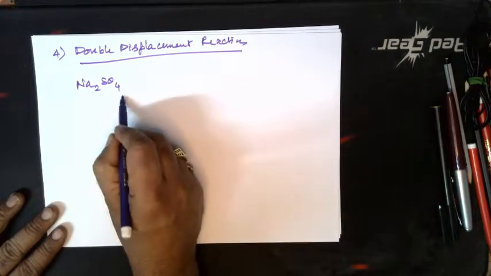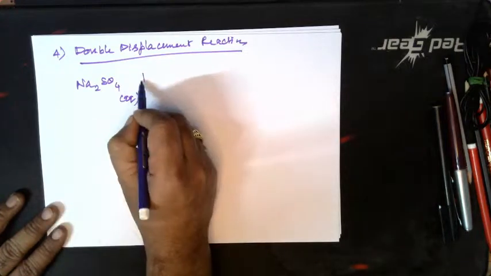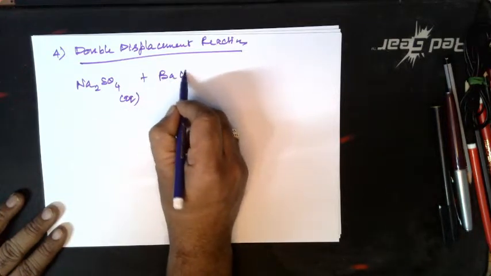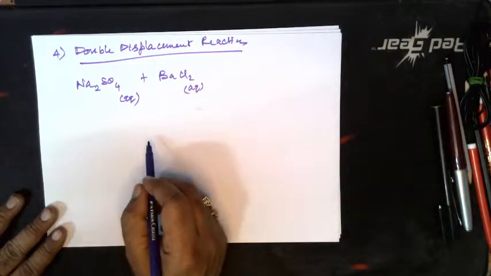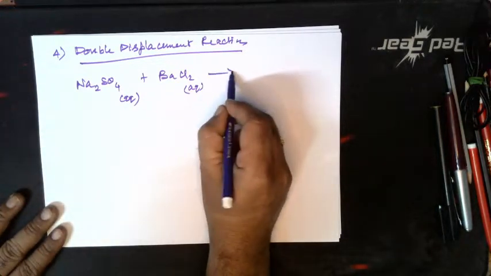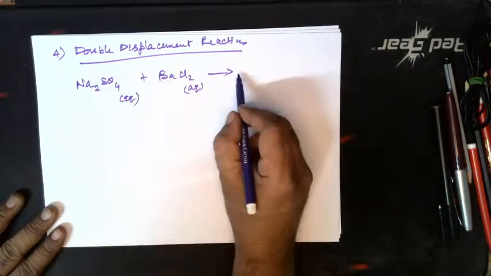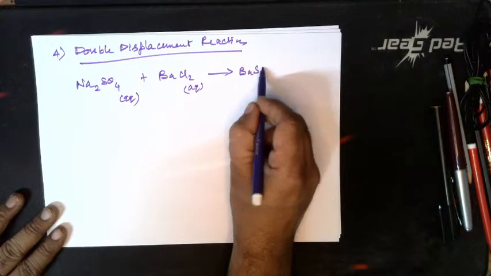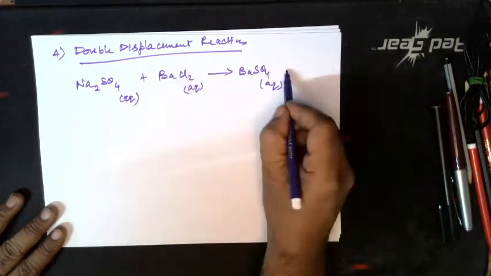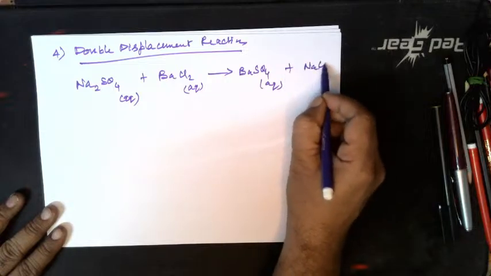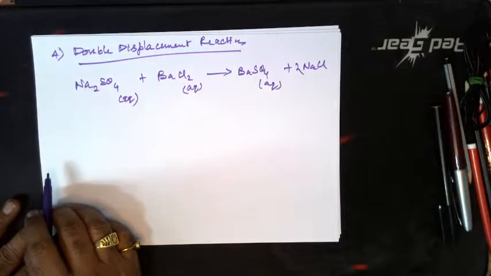Sodium sulfate in the aqueous form, plus barium chloride, BaCl2, that is also in the aqueous form, solution form. Now what happens? In place of sodium, barium replaces, so barium sulfate. Okay, and what about this? This becomes sodium chloride. Are you able to follow? 2 moles of sodium chloride.